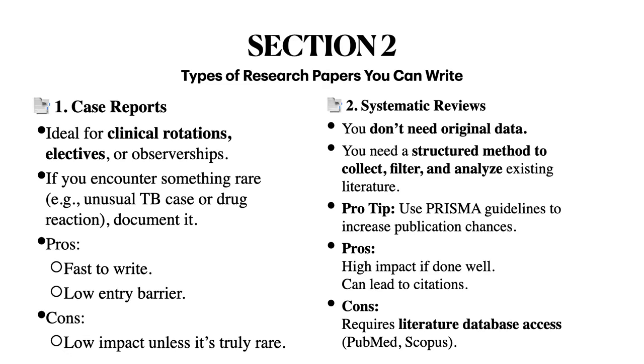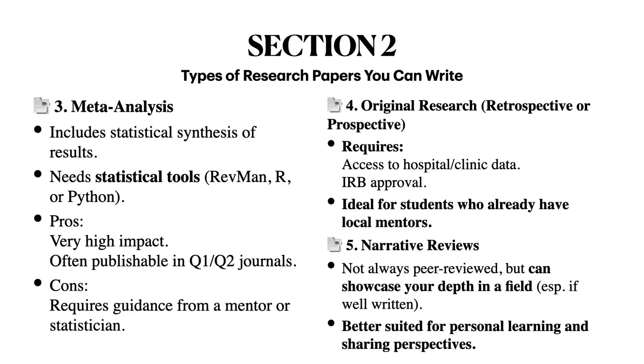The more citations your paper gets, the more valuable it is, and the more strength it adds to your CV. The disadvantage is that it requires literature database access like PubMed or Scopus, but you can have a large spectrum of freely available resources, right? So there are resources.